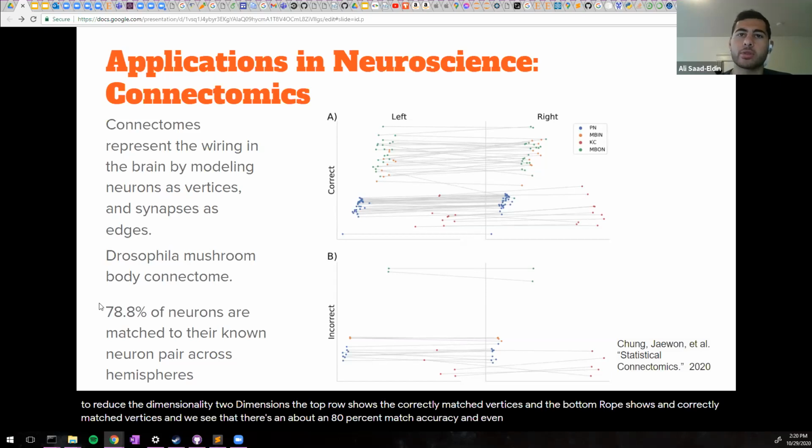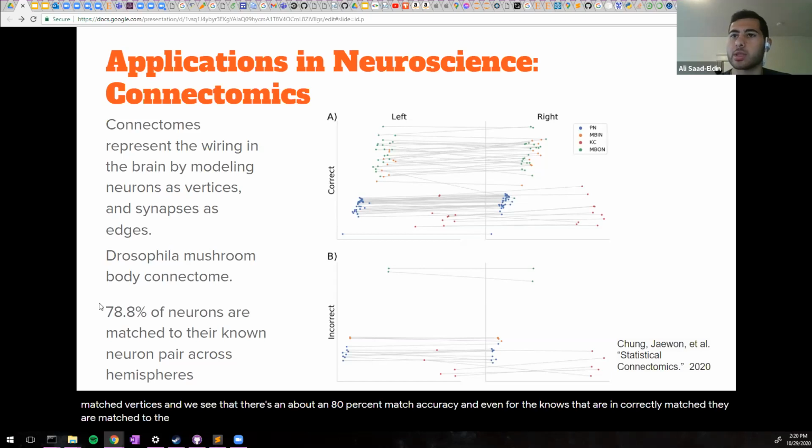Even for the nodes that are incorrectly matched, they are matched to the right cell type. This is important because manually labeling these neurons in the brain is very laborious and takes a long time. So the idea is that we can use the graph matching algorithm to automatically do this.